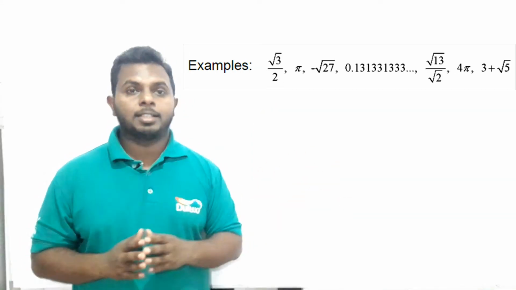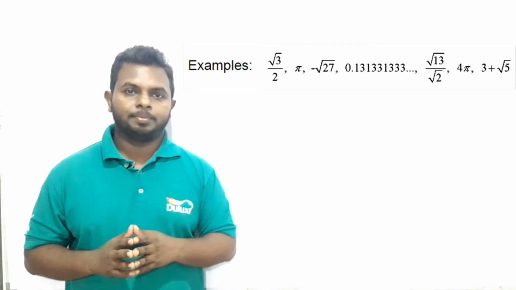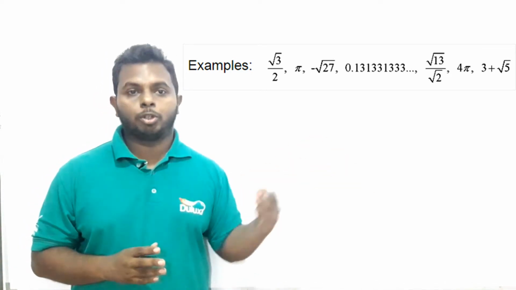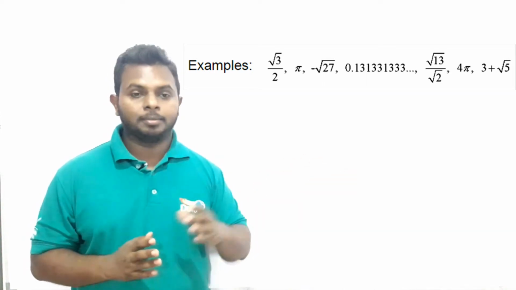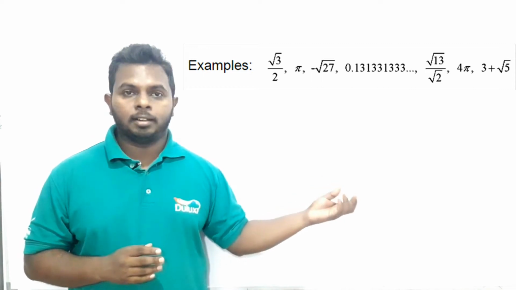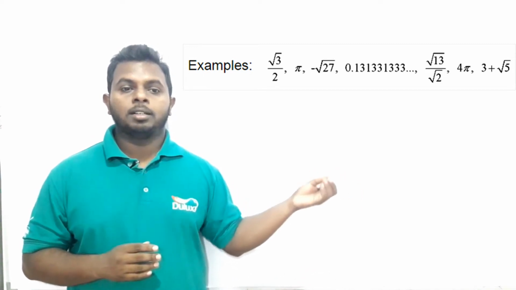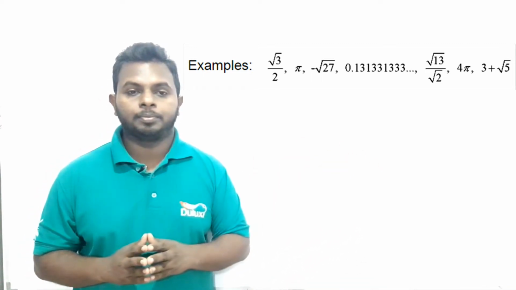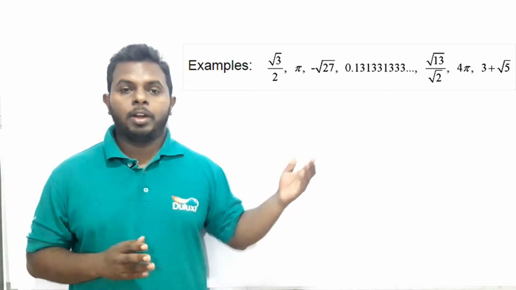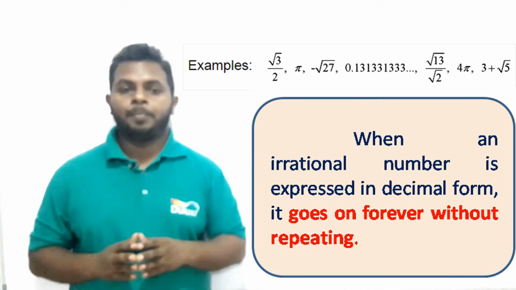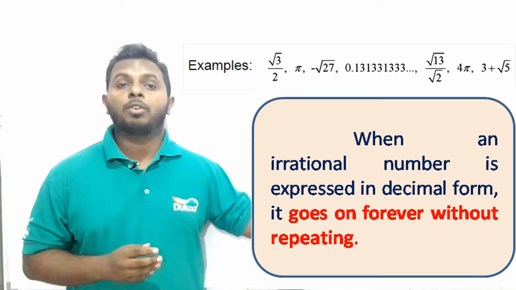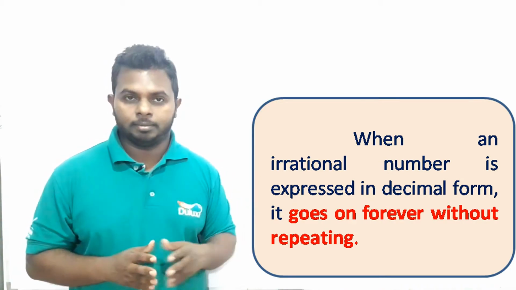Let us find out some examples of irrational numbers. Square root 3, square root 3 over 2, pi, square root 27, 0.13, 133, 1333 and so on, 4 pi. When an irrational number is expressed in a decimal form, it goes on forever without repeating.